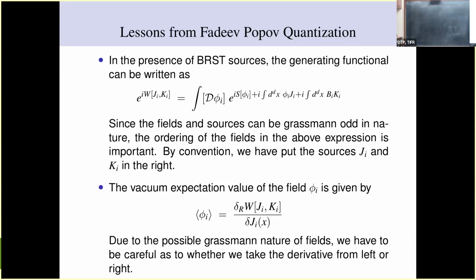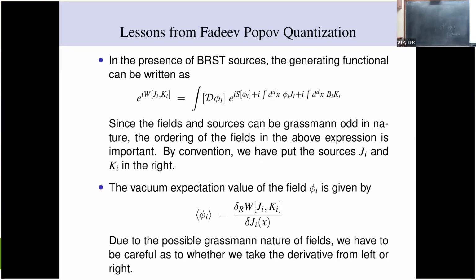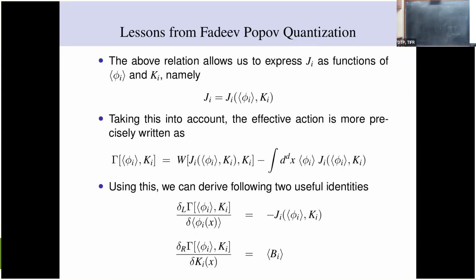This delta R represents the fact that we are taking the derivative from the right, because the fields could be Grassmann odd, so there will be some plus or minus signs, and these signs become important as we go along. As before, we can use this relation to express J_i as a function of K_i and the expectation value of phi I.